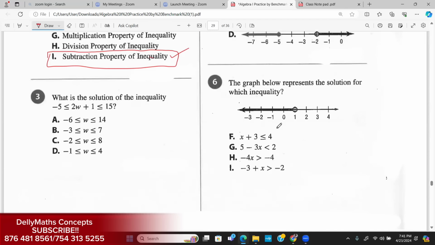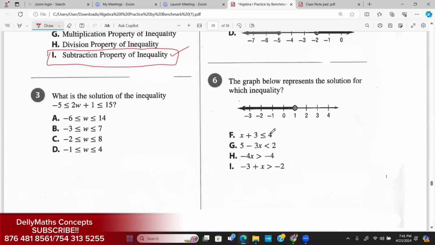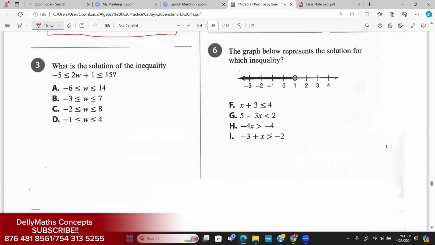What is the solution of the inequality? All right, let's take a look at this. If I have negative 5 less than or equal to 2w plus 1, less than or equal to 15, the intention here is that we want to have the w alone.